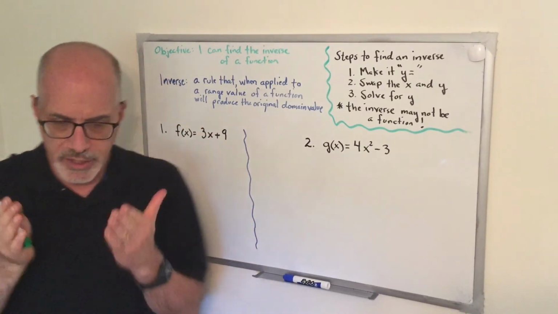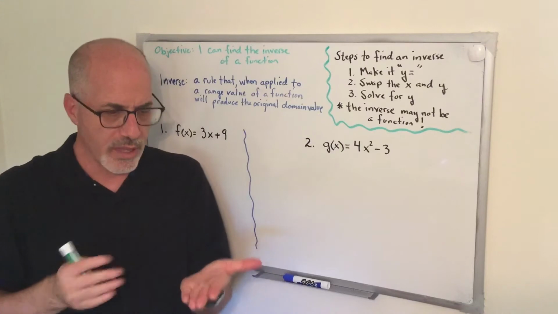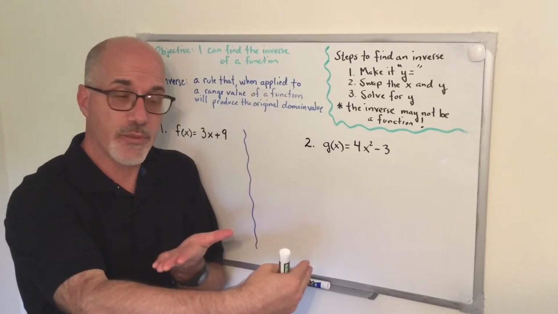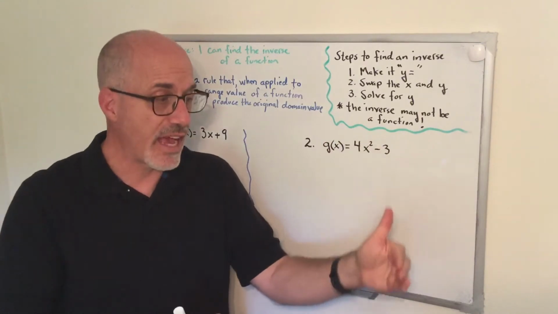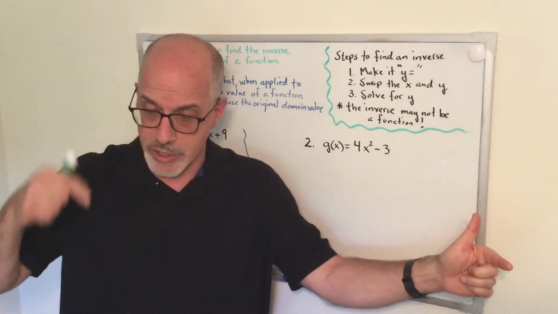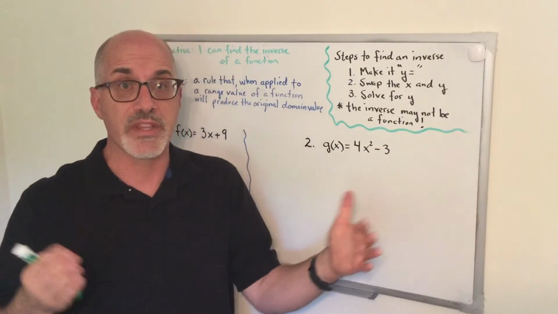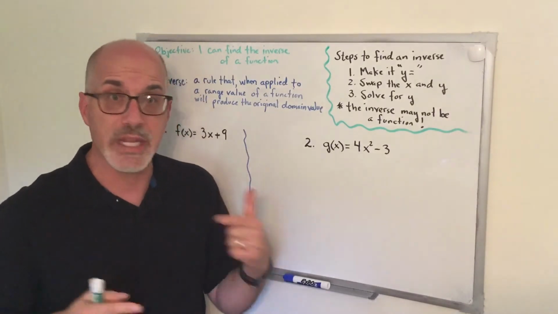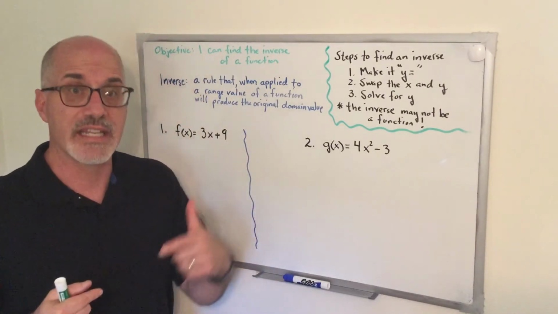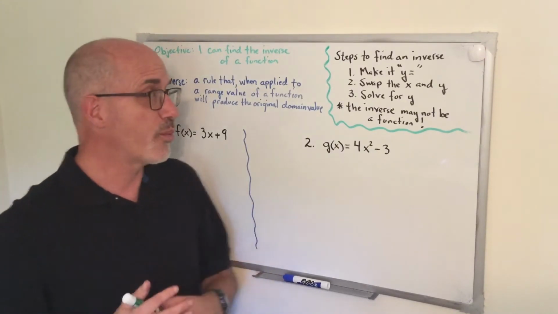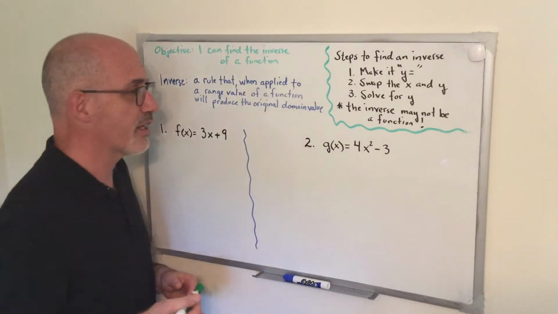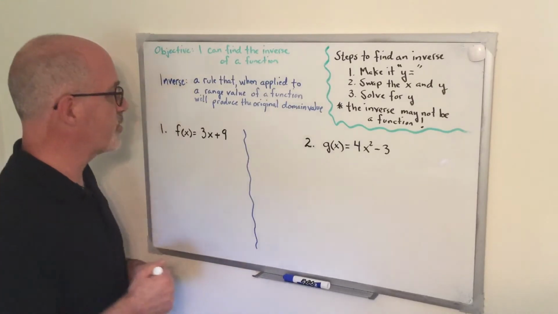So if I put in a domain value into a rule, I get out a range value, take that range value and put it into the inverse, that rule will produce the original domain value you started with, thus undoing what the rule did. That's why it's called the inverse, because it will undo what the original rule did to the number. So let's use this as an example.